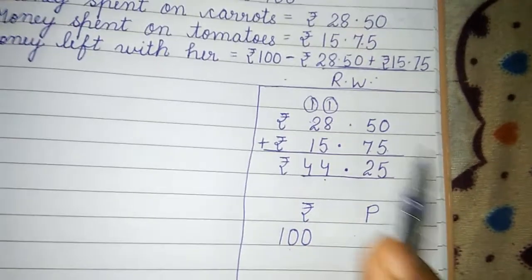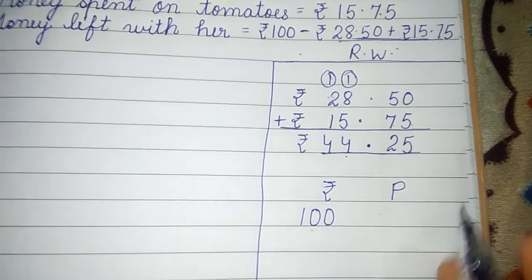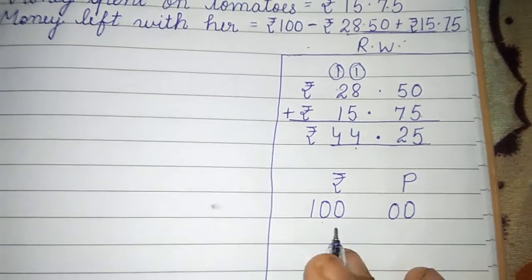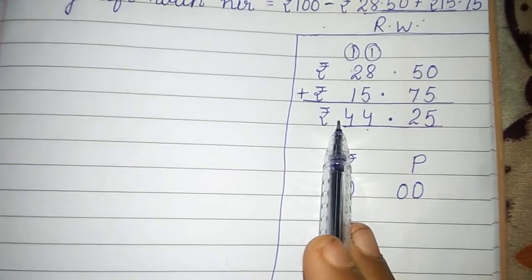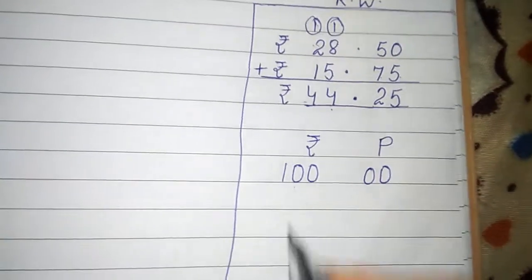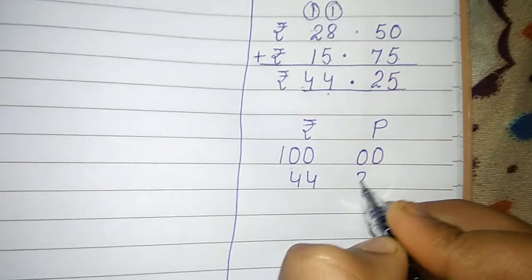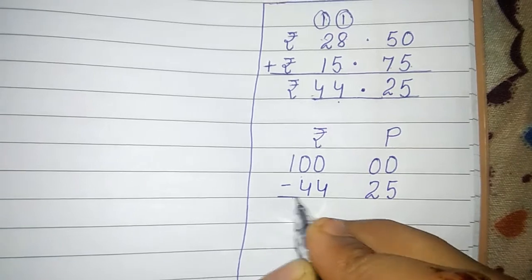There is nothing in paise, so we have to write here 0, 0. 0 means nothing. Now the spent money is 44 rupees 25 paise. Now subtract it.